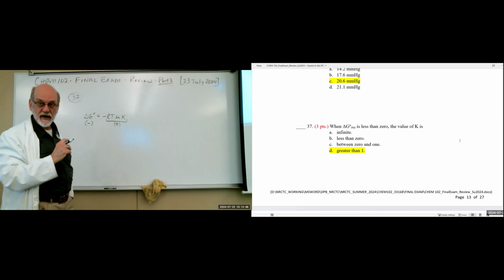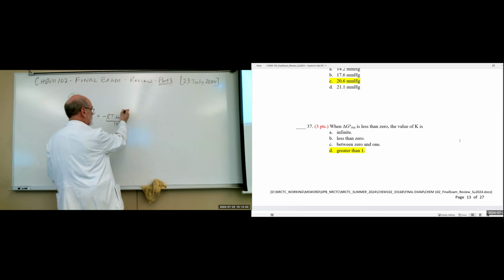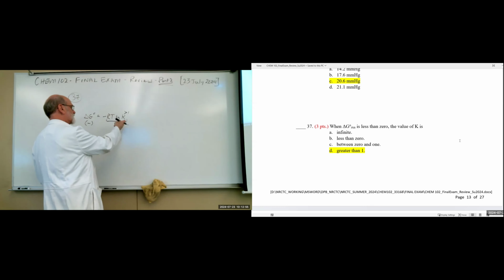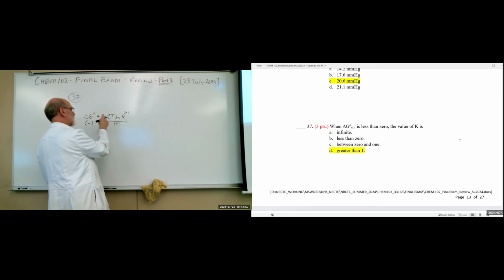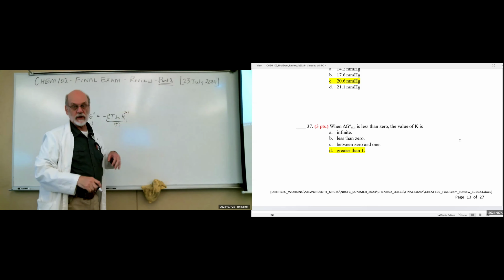And the only way you can get a positive value from that is for K to be greater than 1. If it's less than 1, you're going to get a negative times a negative gives you a positive. So the K must be greater than 1.